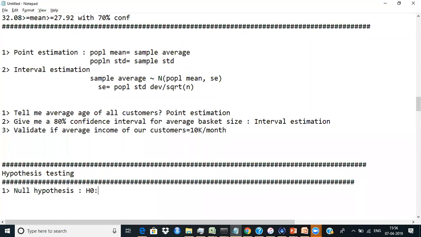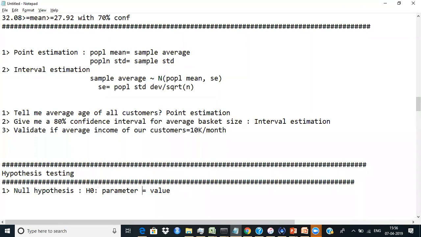Now remember this carefully: H0 will always have a format similar to this: parameter equal to a value, right?